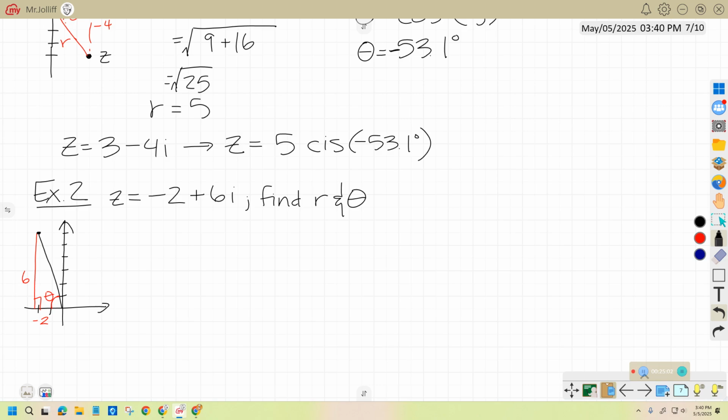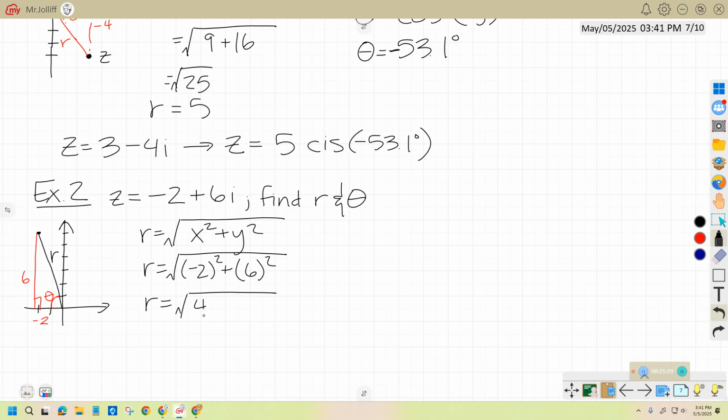All right, how do I find my modulus R? Melissa, how do I find my R value? X squared plus y squared. Very good. So we pull that from the picture. X is -2, y is +6, which means we get the square root of 4 plus 36, which is 40.